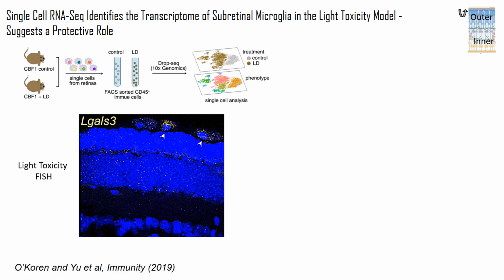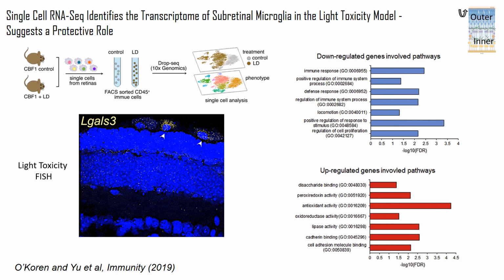Once the transcriptomes were obtained, one could then identify, using functional gene enrichment analysis, upregulated and downregulated pathways. What was interesting from these data was that many of the immune response pathways were downregulated in the subretinal microglia, suggesting that their functions are being performed in the absence of pro-inflammatory molecules or pathways.